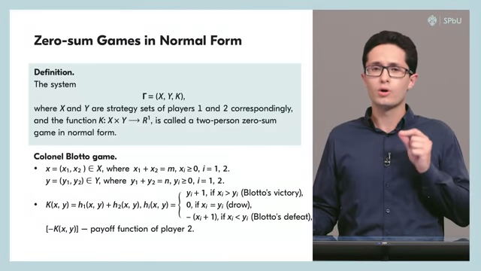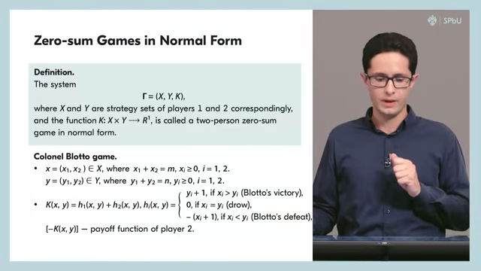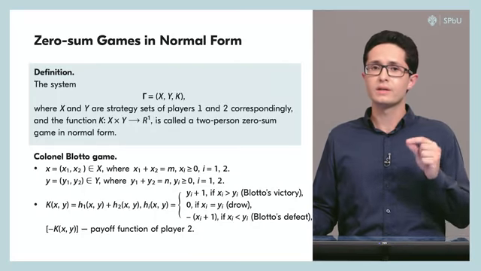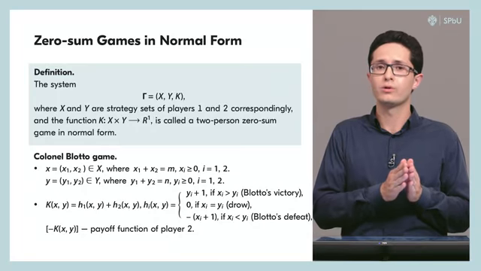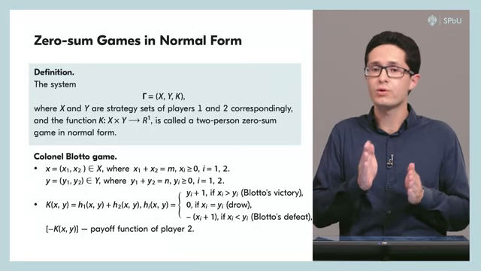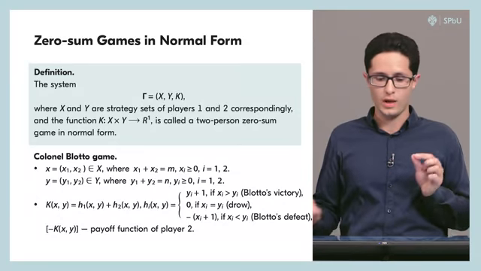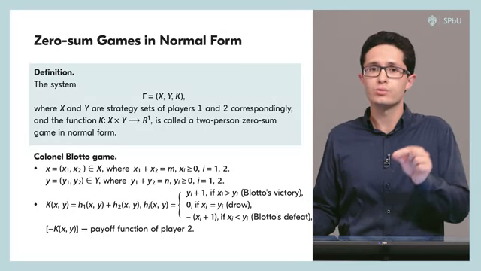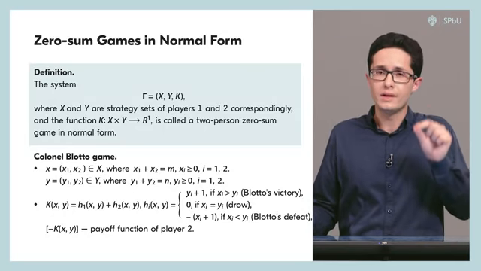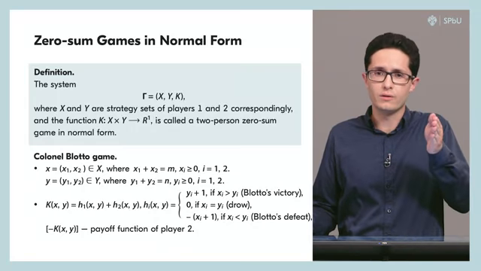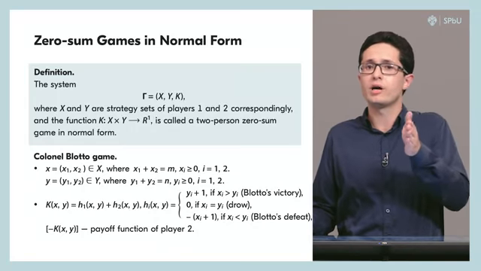For the Colonel Blotto game, the set of strategies of the first and the second player consist of vectors: vector x = (x1, x2) and vector y = (y1, y2), where x1, x2 and y1, y2 are the number of regiments to be allocated on battlefield 1 and battlefield 2.